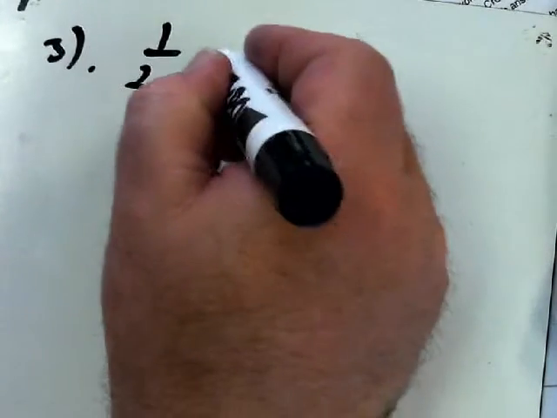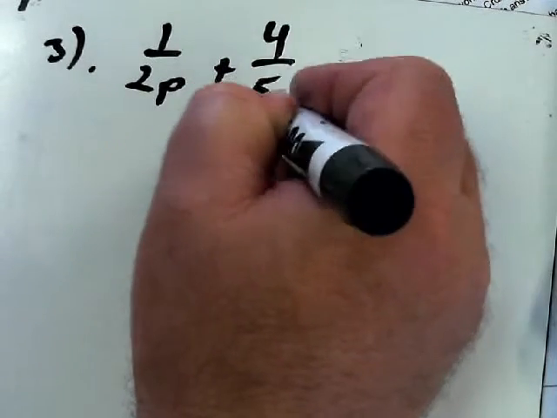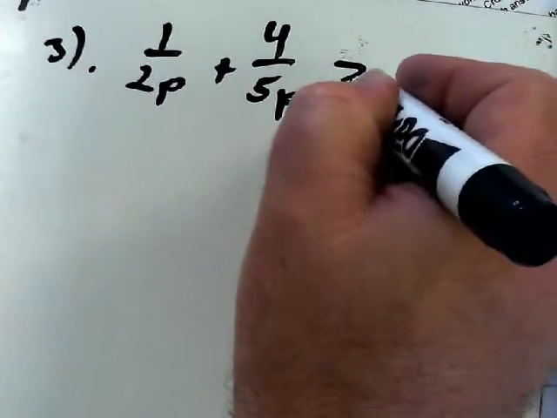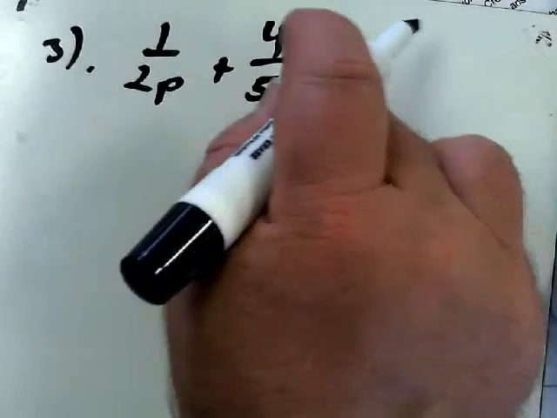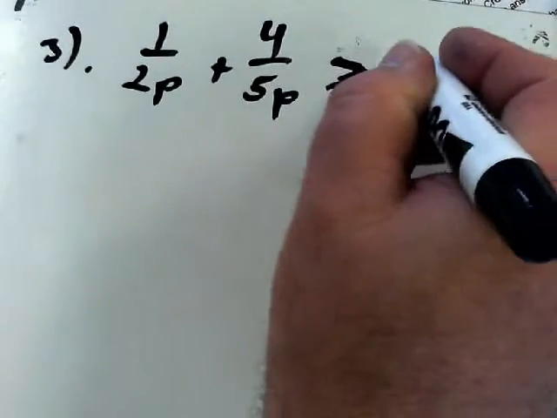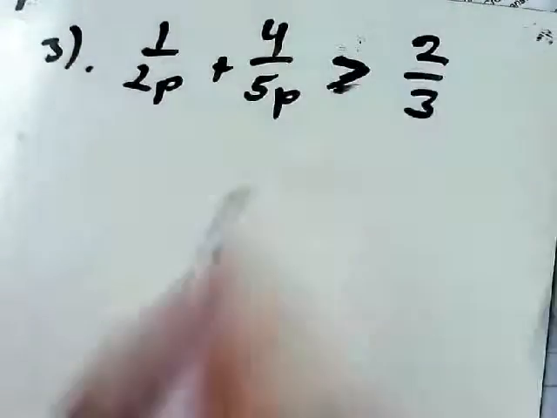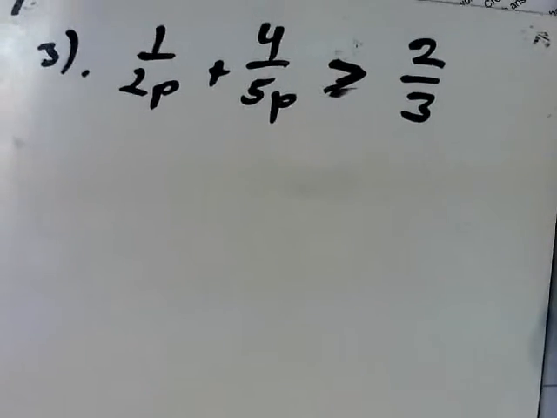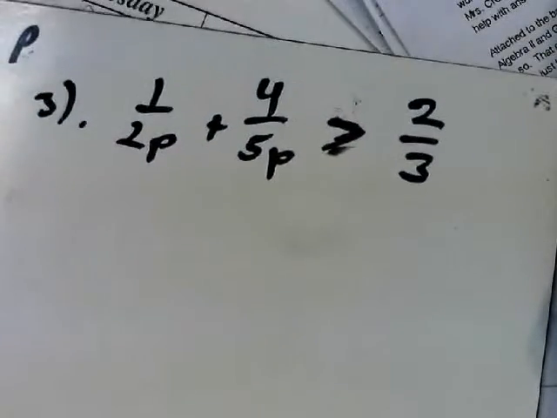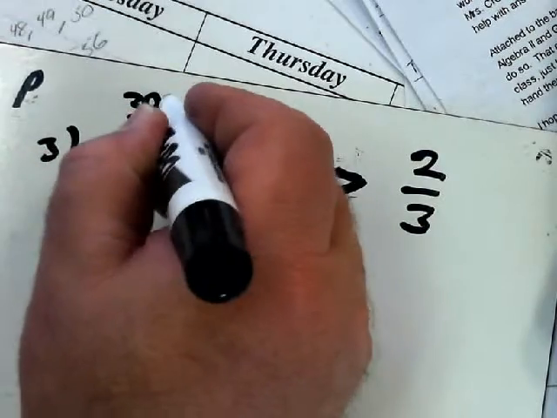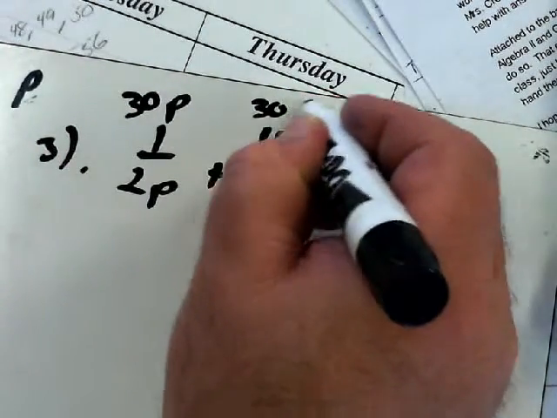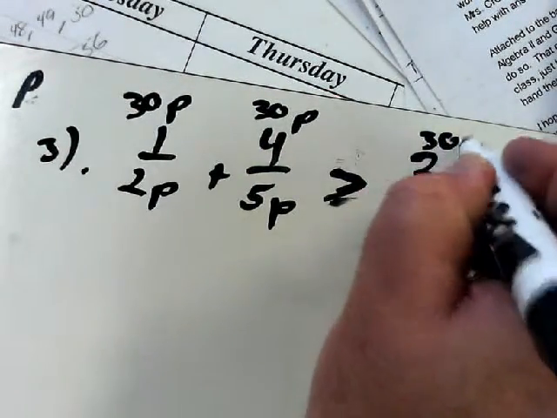So we got problem number 3, which is 1 over 2p plus 4 over 5p is greater than 2/3. For the numbers, it'd be 10, about 30, so I bet it's 30p.